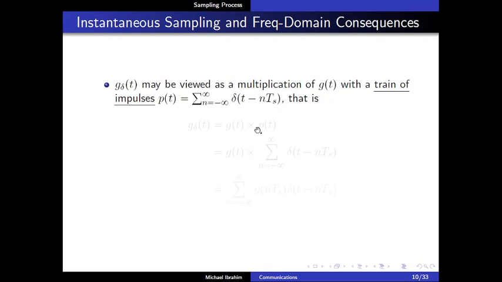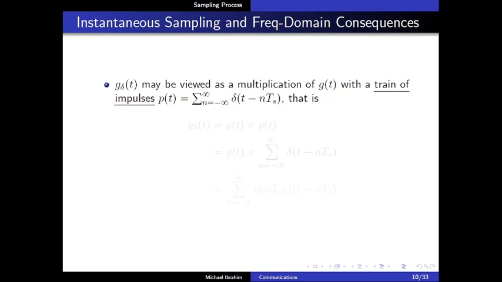We will define a train of impulses, a function p of t, which is a summation from n equals minus infinity to positive infinity of delta of t minus nTs. If we try to sketch this function, it will be an impulse at t equals 0 with strength equals 1, an impulse at t equals Ts, strength 1, impulse at t equals 2Ts, 3Ts, and so on, from minus infinity to positive infinity.